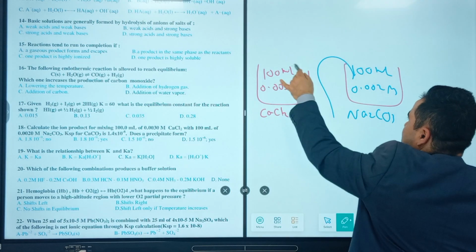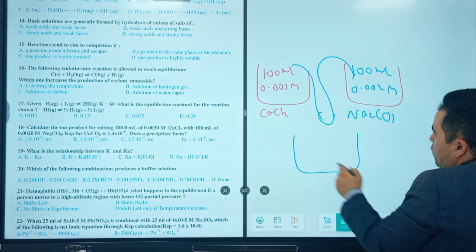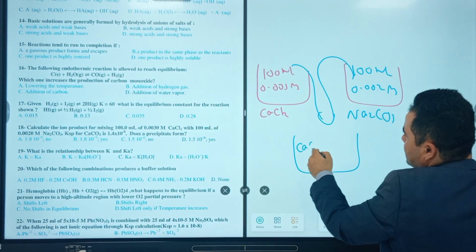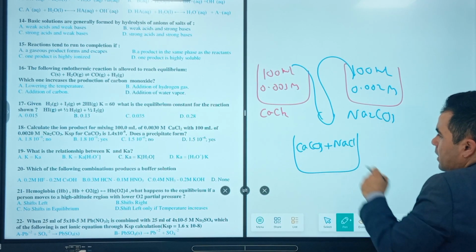When we add these two into a third container, we will produce CaCO3 plus NaCl.